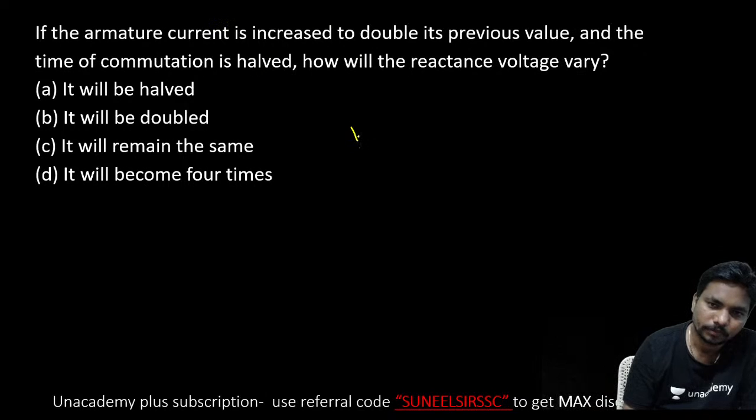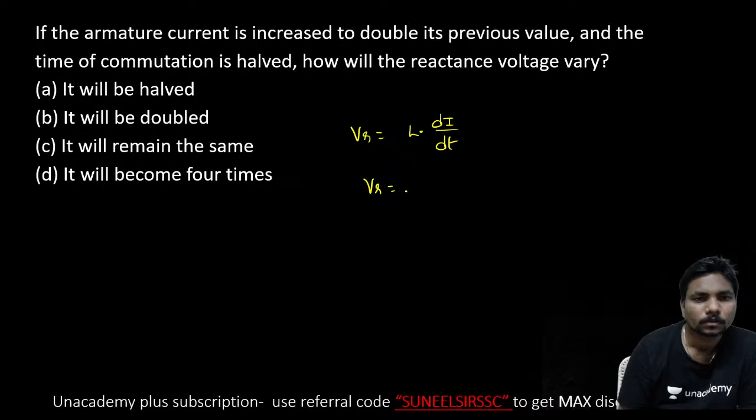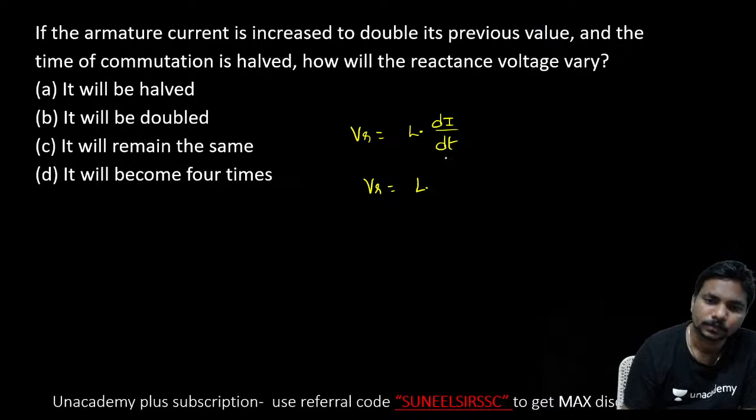Yes. What is the formula of the reactance voltage? L di by dt. Okay. So here what they have given, armature current is going to be double its previous value and the time of the commutation is halved. Current is going to be double and the time of the commutation is going to be halved.